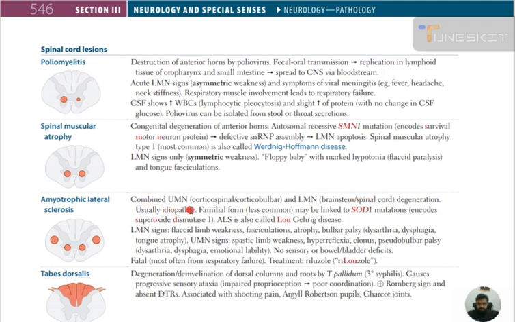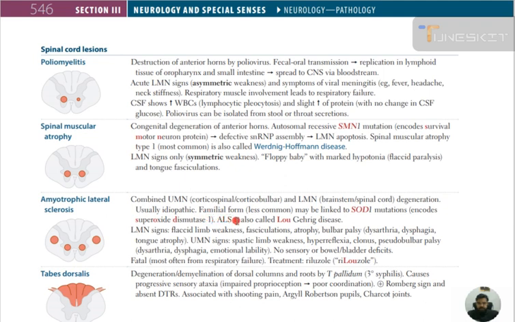It is usually idiopathic. Familial form is less common, and may be linked to SOD1 mutation. It is the SOD1 mutation, not SMN1. It encodes superoxide dismutase.